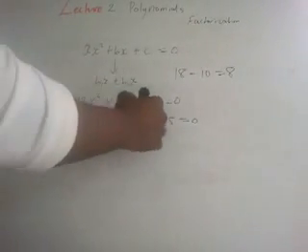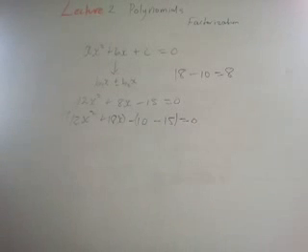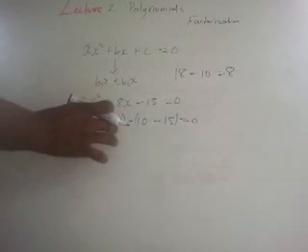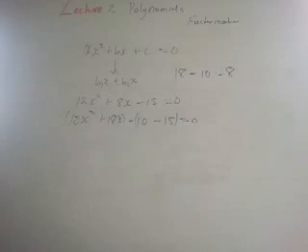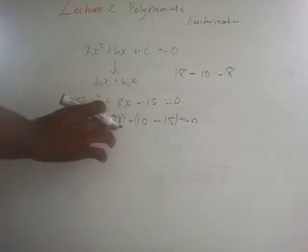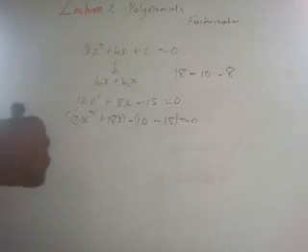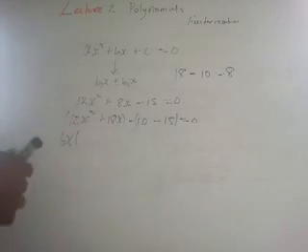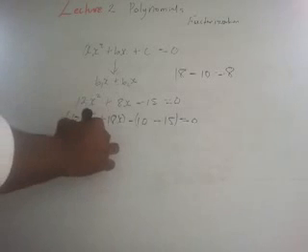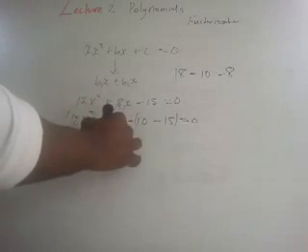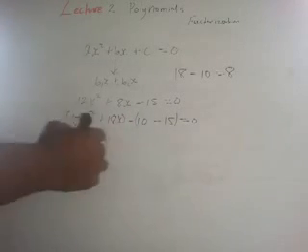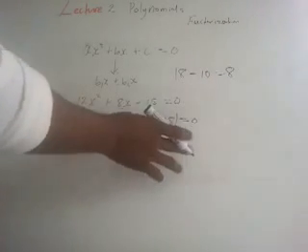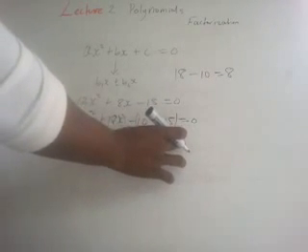Now we're going to group and factorize. Grouping the first two terms, we can find a common factor for both 18 and 12, which is 6. And 6x, you put outside the bracket. 6 multiplied by 2 equals 12, and what multiplied by 6 gives 18? We have 3.